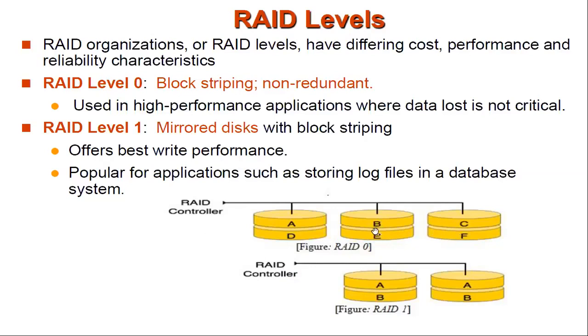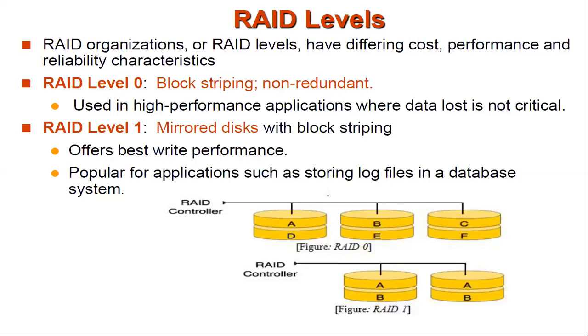If there is any problem with disk B and you cannot retrieve it, you will definitely lose the data, because no duplicate is stored on any other disk. You are storing the data in only one place in block level striping format.